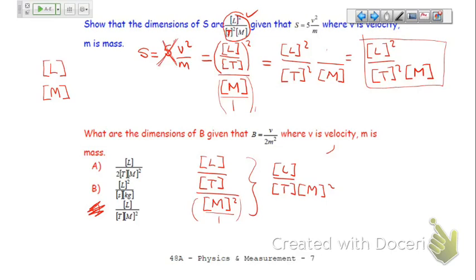Okay, so what's the use of this? The use of this is that, as we'll find out in a minute, the dimensions on the left-hand side of an equal sign have to equal the dimensions on the right-hand side of an equal sign.